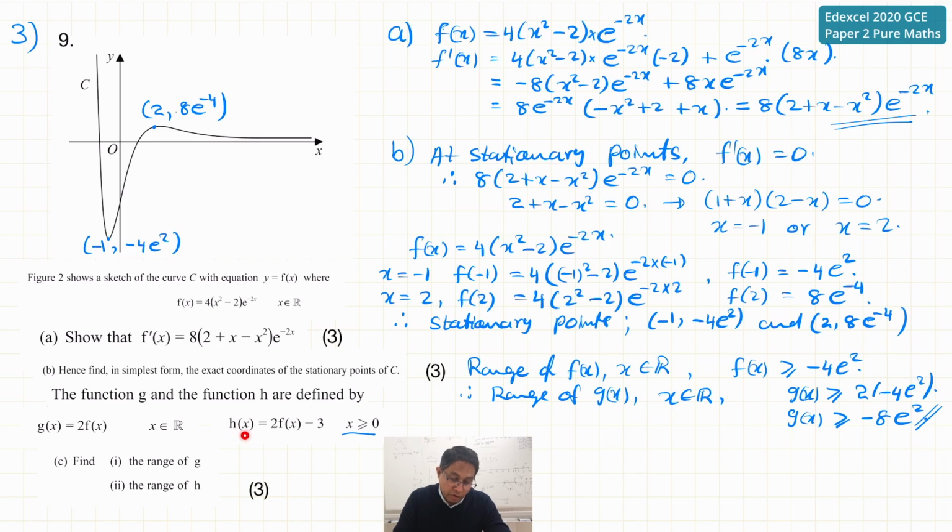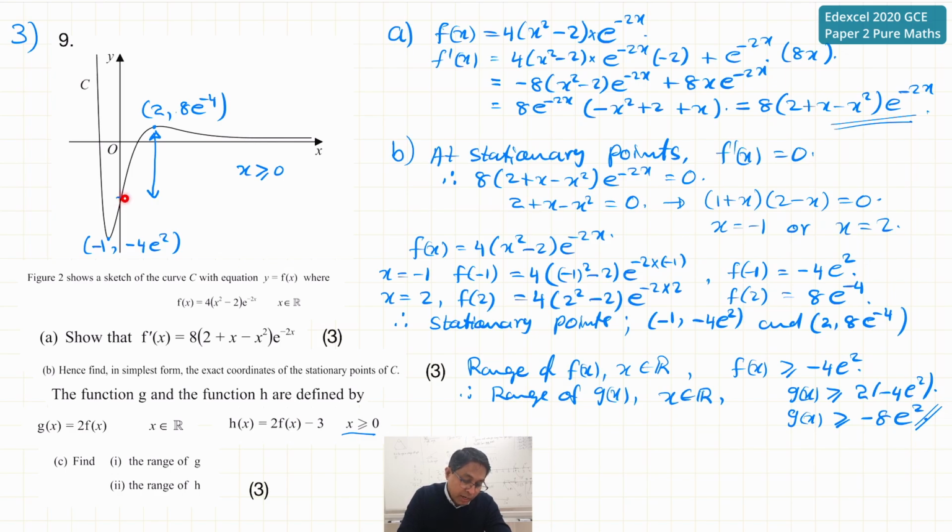To find the range of h of x, we need to know the range of f of x when x is positive. When x is greater than or equal to 0, we can take the range of f of x. You can see it from here. This is the range of f of x when x is greater than or equal to 0. Therefore, to get this range, we need the coordinate at this point.